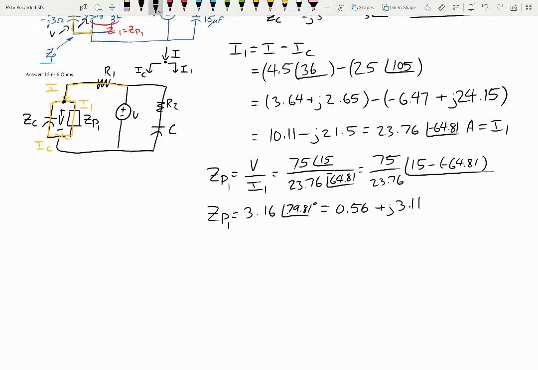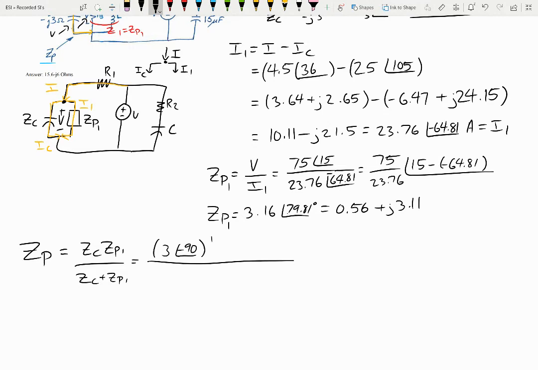Okay. So then now what we need to do is combine it one more time. So by doing that, Z parallel, this is the true Z parallel, will be ZC times ZP1 over ZC plus ZP1. And doing that, ZC we said was 3 at angle negative 90. Z parallel 1 we said was 3.16 at angle of 79.81.